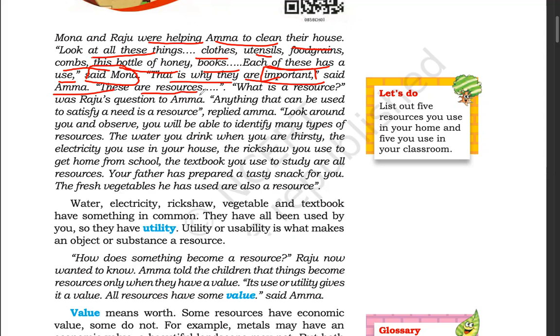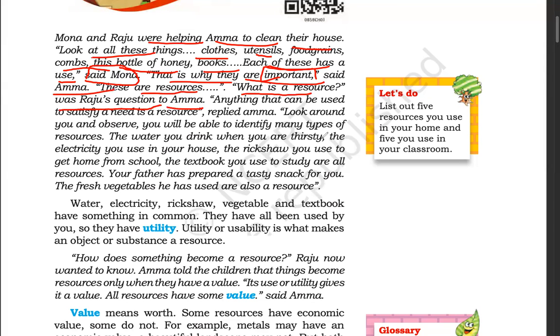These are resources. What is a resource was Raju's question to Amma. If you are in third or fourth standard and you have not read about resources, and I suddenly say the word resources, you will ask, what is resources?